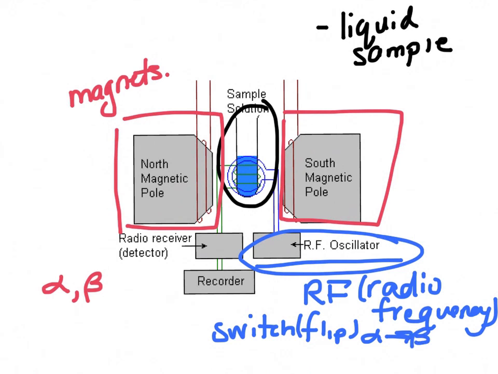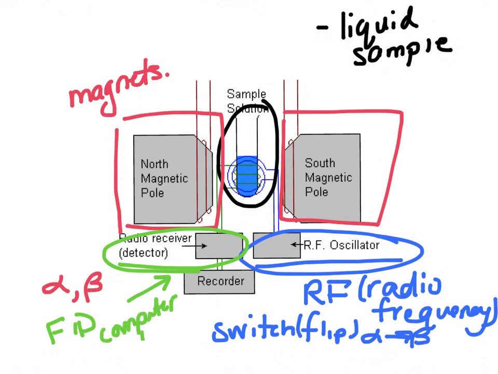And then you have a detector. And this is where you get the FID. And then the computer will do a Fourier transform, and the recorder records the spectrum. So this summarizes the NMR theory.